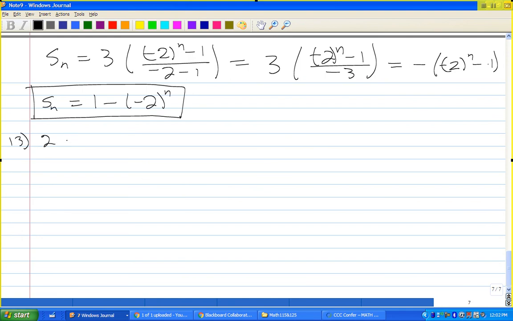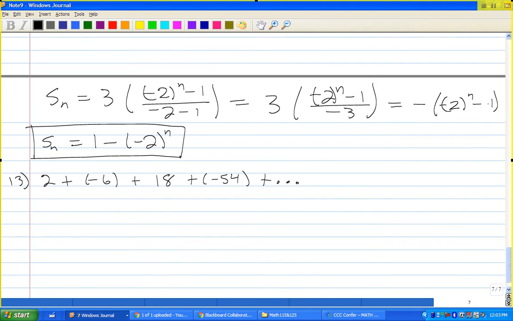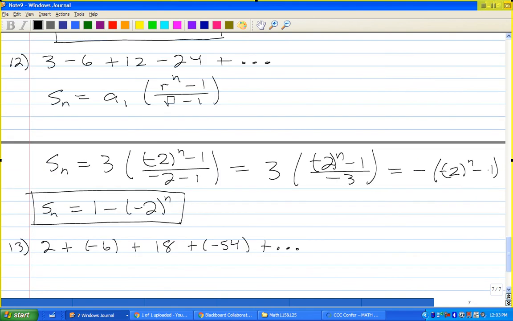2 plus negative 6 plus 18 plus negative 54, etc. Why is r first? It doesn't really matter. Notice that obviously 1 minus 7 over 1 minus 12 is the same as 7 minus 1 over 12 minus 1, right?